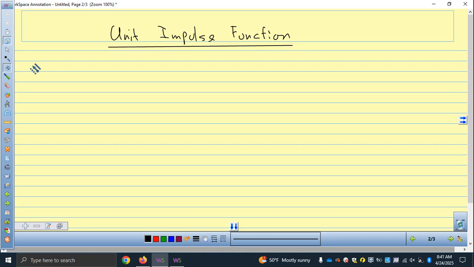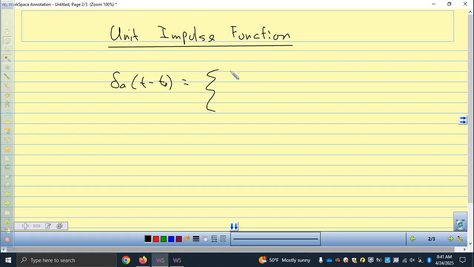So our unit impulse function is delta sub a of t minus t0 equals 0 for 0 less than or equal to t less than t0 minus a.